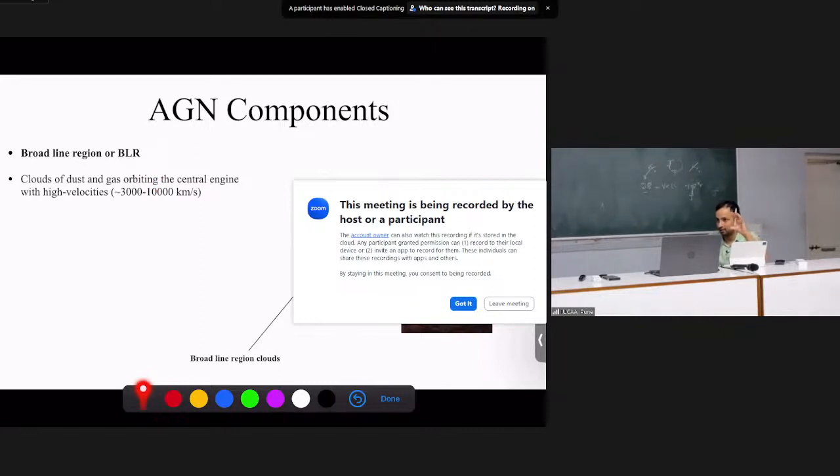These clouds of gas and dust orbit around the black hole. Fine. The video I showed you, the cartoon also I'm showing you, pink color clouds. The typical distance of these clouds is about 10,000 light days.